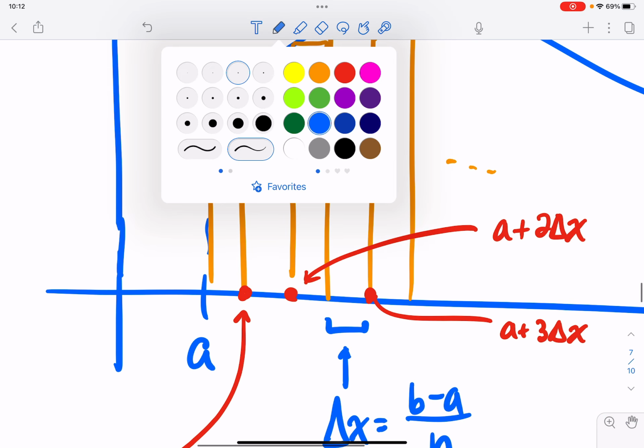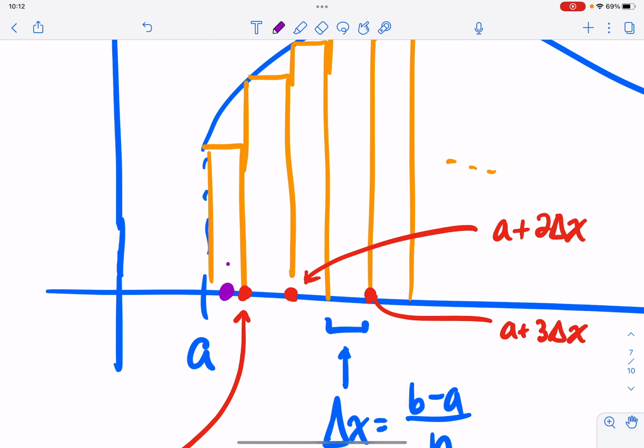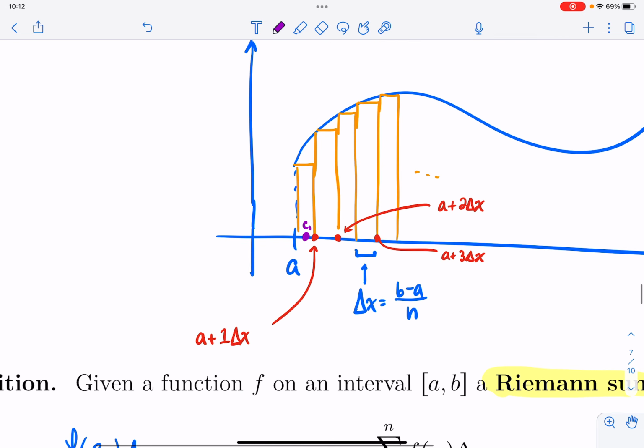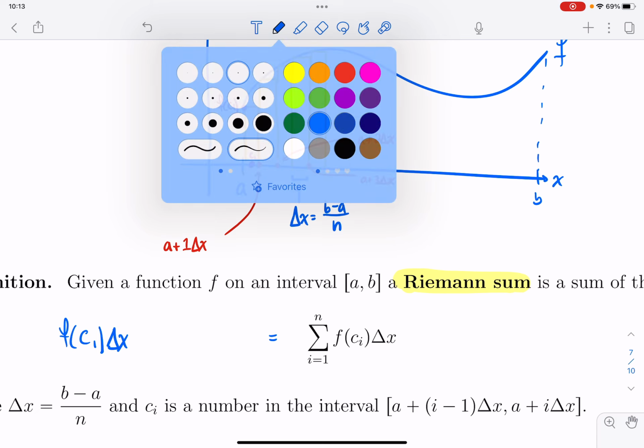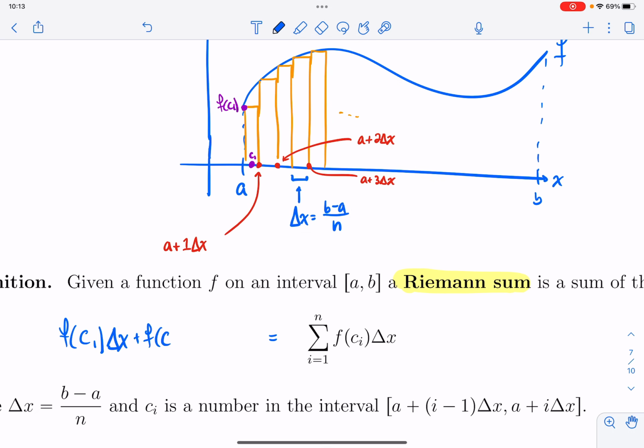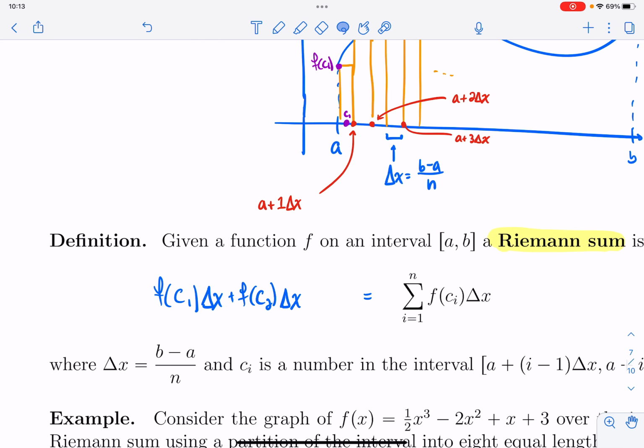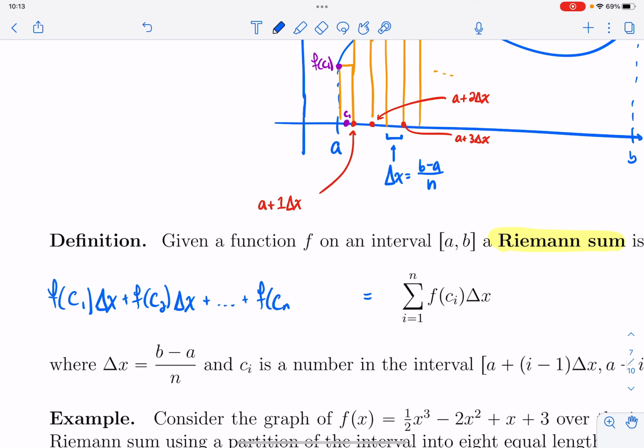Just to clarify, somewhere in here is c1, so that this height right here is f of c1, times the width, which we agreed is delta x. Then we're going to do the second one, which is f of a different input, c2, times that same uniform width, delta x. Plus all the way up to, eventually, cn times delta x.